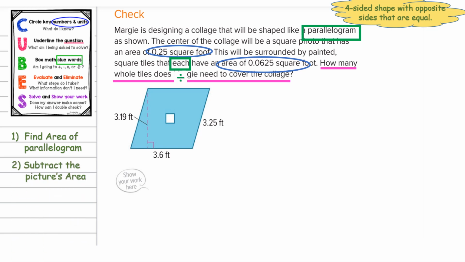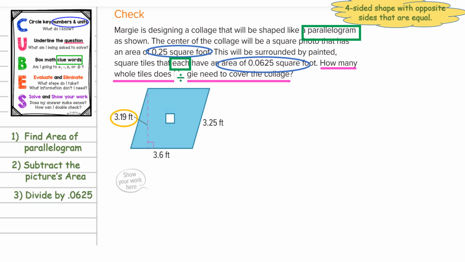So I then will subtract that area, the 0.25, the 25 hundredths of a square foot, from the area that I get for the parallelogram. And then they say, well, I need to know how many tiles I'm going to need that are 0.0625 or 625 ten-thousandths of a square foot that are blue to cover the rest of the area. So then I'm going to divide what's left by 0.0625.